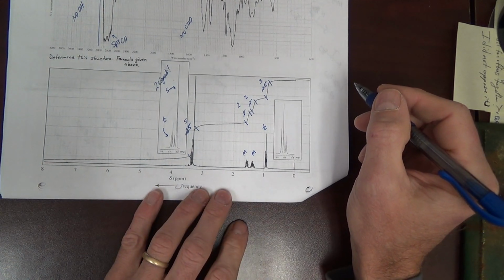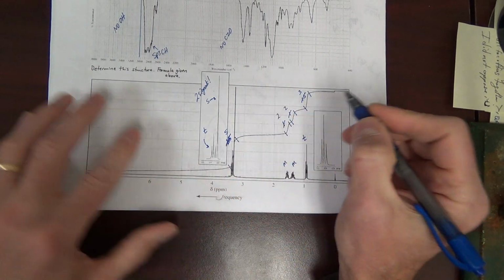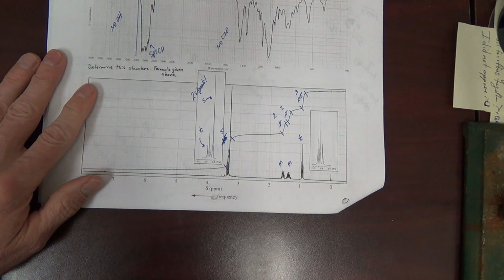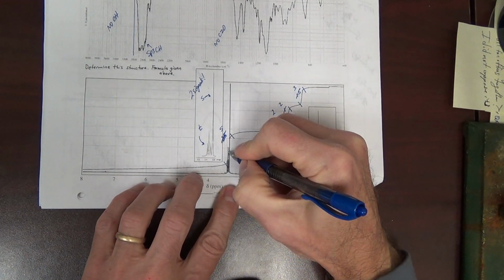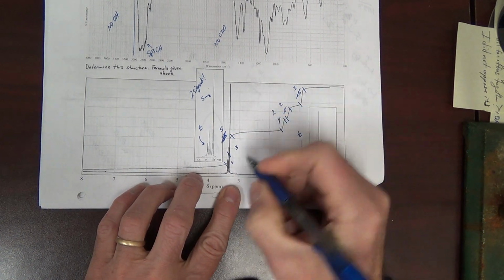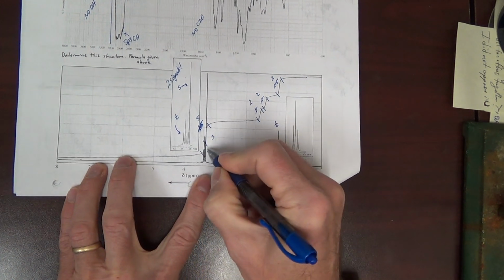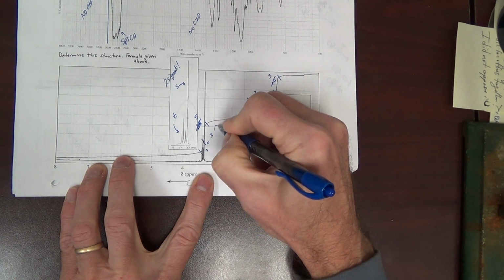Now this 5, that's for 2 signals though. It looks like here this is probably 2 and 3 because it's not exactly cut in half. 2 plus 3 equals 5 total.